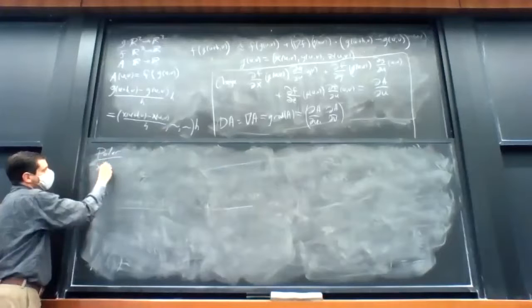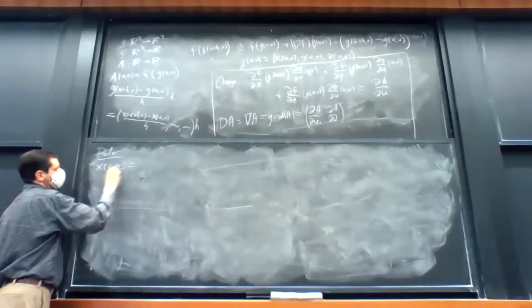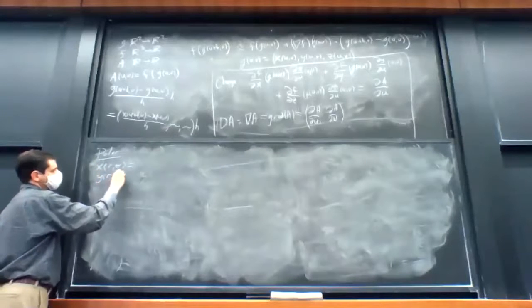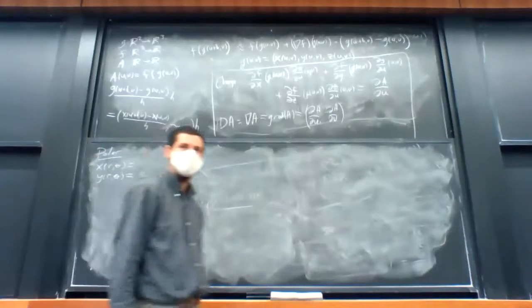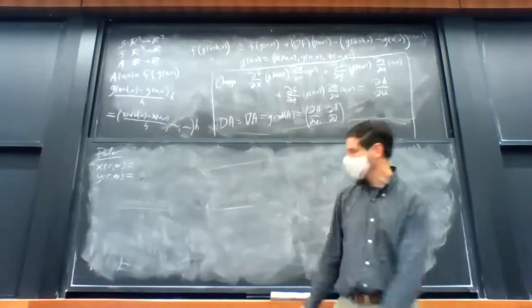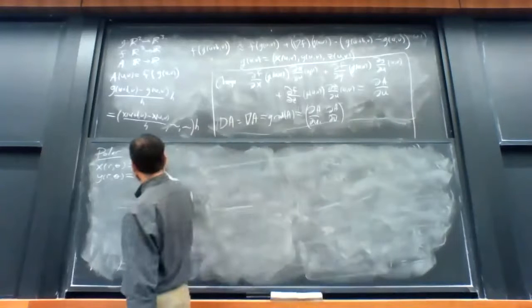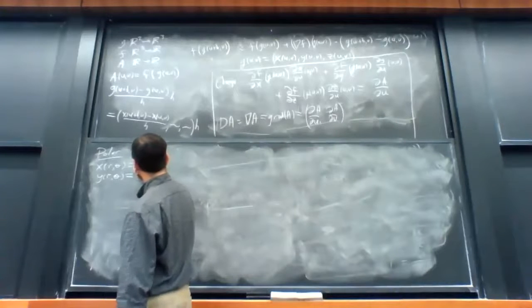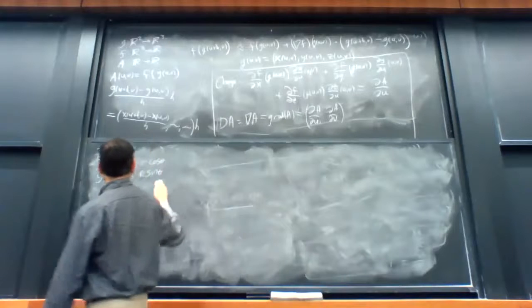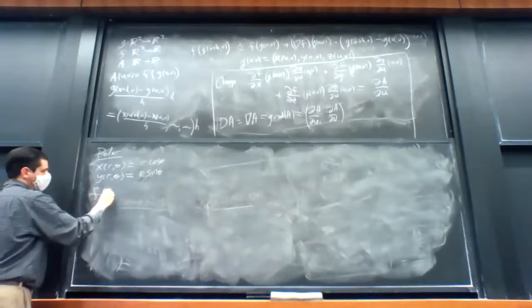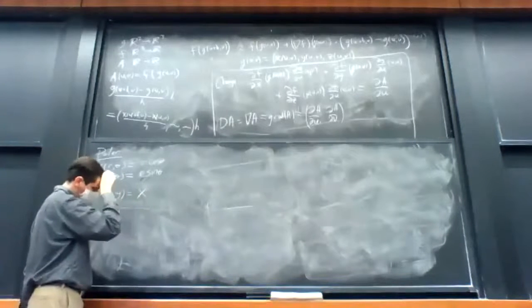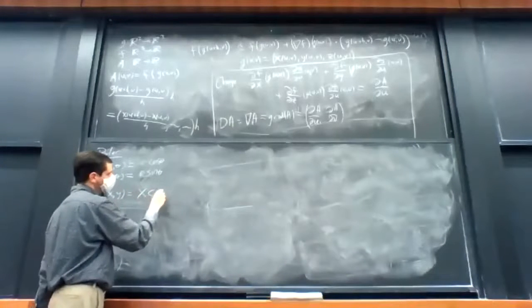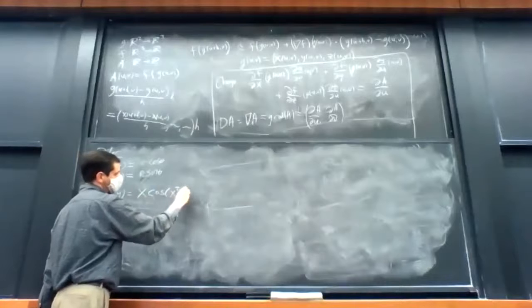So what is x of r theta? How would we write x and y in polar coordinates? r cosine theta and r sine theta. And I'm going to let f of x, y be the function x cosine of x squared plus y squared.